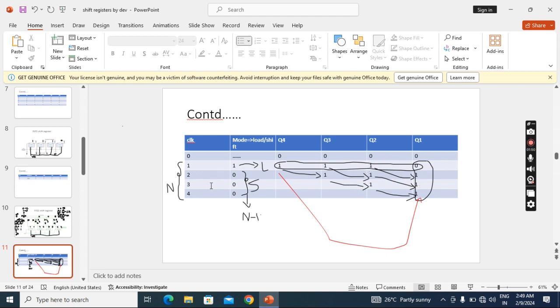At the third clock pulse this Q3 will come here, and this one will come here, Q2 will come here, and at the fourth clock pulse this Q2 will come to Q1. Finally you can see the data I applied, 1110. From down to up you can see 1110. I applied the data parallelly, and here I get the data bit by bit, serially, as output.